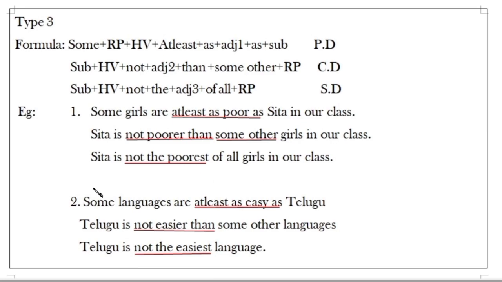Whether it is negative model or model 1, model 2 or model 3, according to these structures only you have to identify whether it is type 1, type 2 or type 3. According to that only you have to change comparative and superlative also. If they give it in comparative degree, you have to change according to their question.